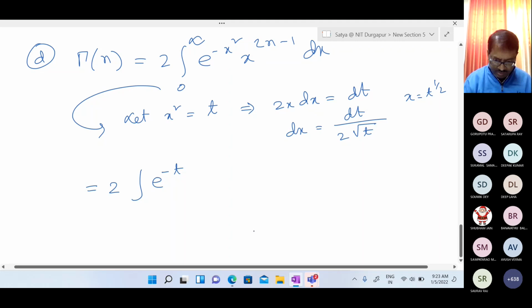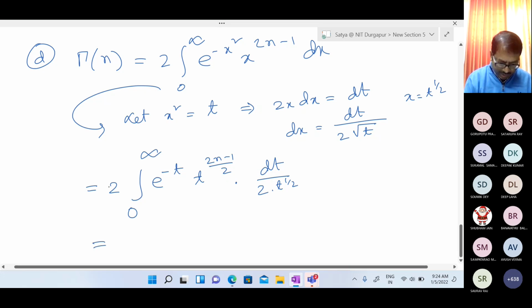So x to the power 2n minus 1 becomes t to the power 2n minus 1 by 2, and dx equals dt by 2 into t to the power half. I hope you are getting it. Now for the limits: when x equals 0, t equals 0, and when x equals infinity, t equals infinity. So there is no problem with the limits.